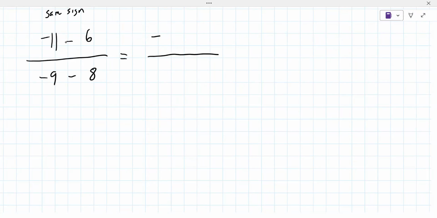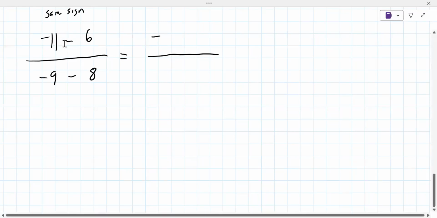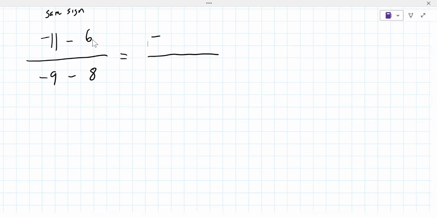So what is -11 -6? That's what my question is. I'm sorry, sir, it's writing this down. Just now you've got to ask, okay, how do I actually do this? What does the math tell me?